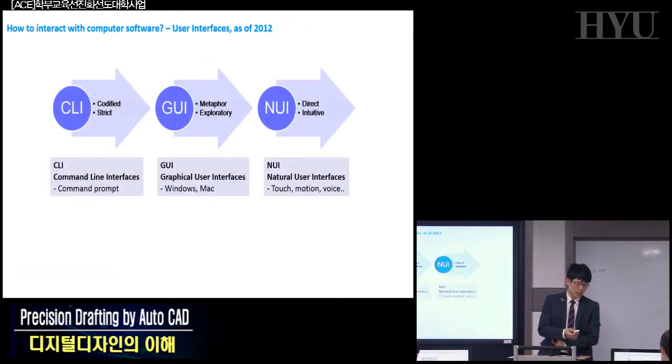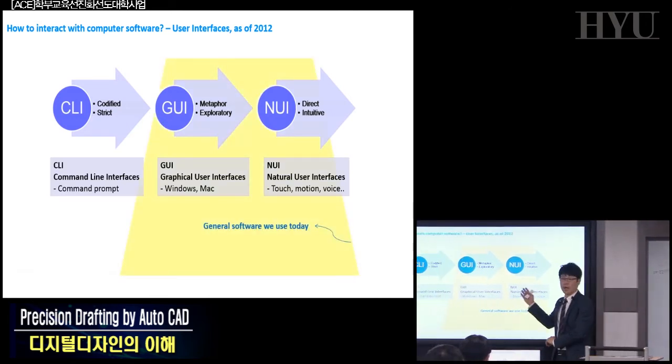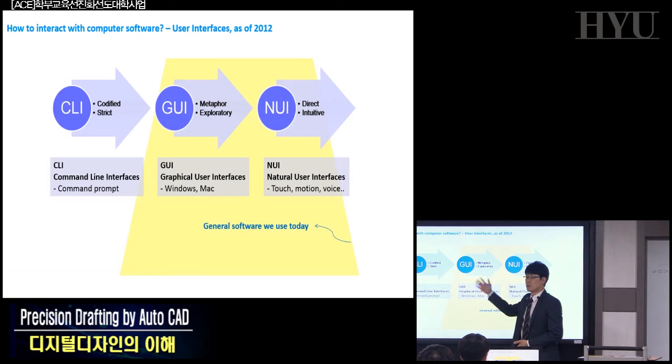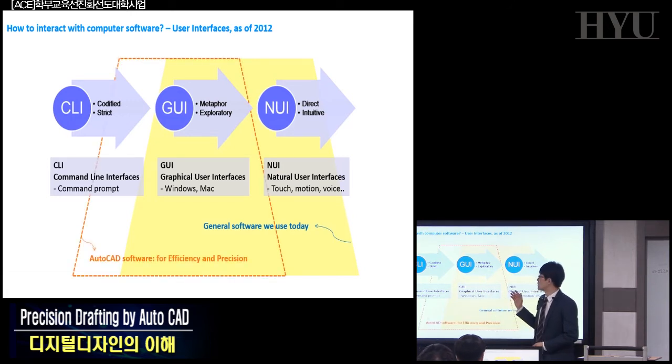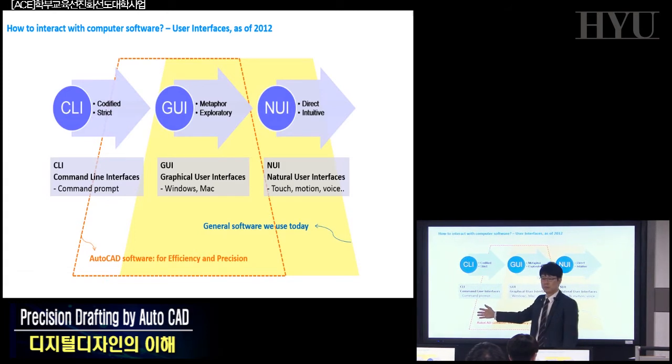The interaction between computer software and you lets you create your own plans. We reviewed this before: command line interface, GUI, NUI. We are mostly using NUI, your smartphone, tablet computers, and a number of GUI-based computer software. But I told you before, AutoCAD has some command line interface.